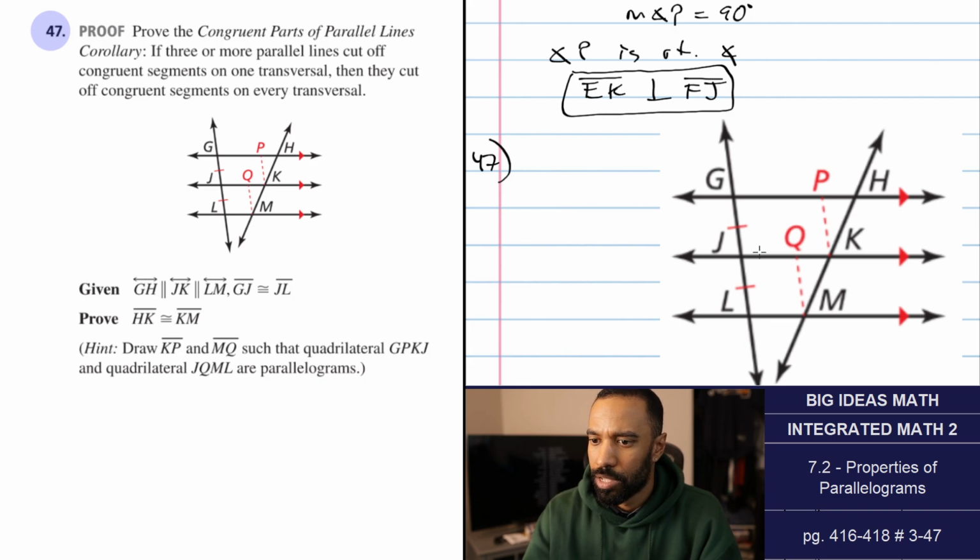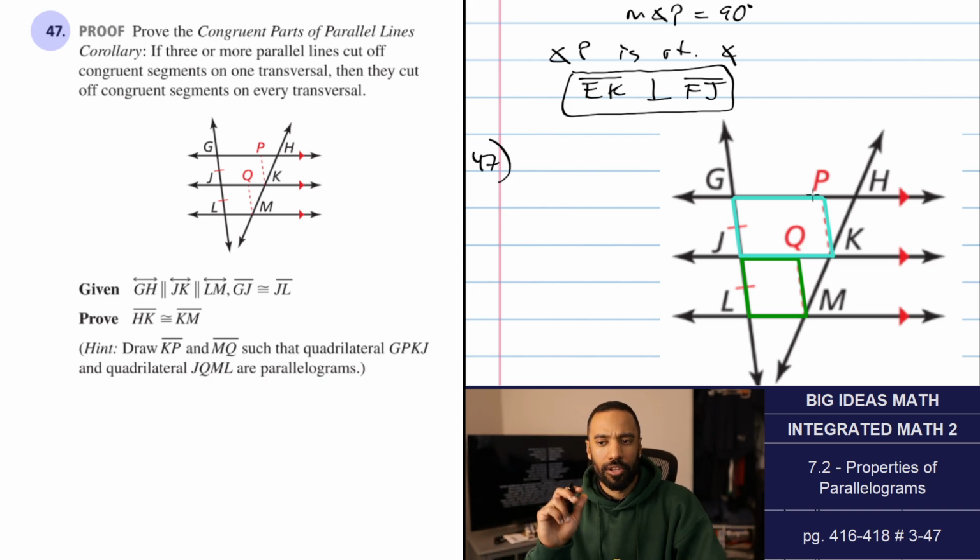How about green? Here's JQML, in green. And in a lighter blue, GPKJ. There, I can see that. So I have two parallelograms. What do they want?